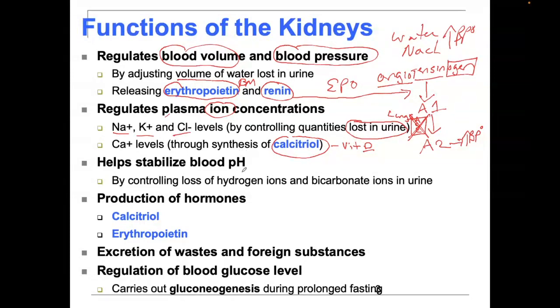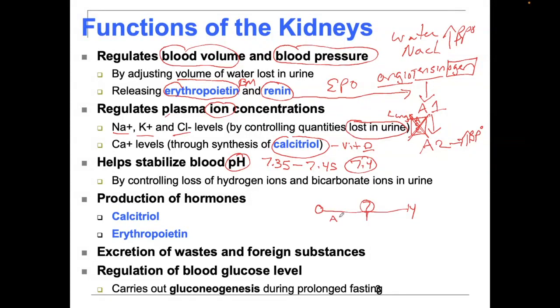The kidneys are also involved in helping to stabilize blood pH. We know that blood pH is somewhere between 7.35 and 7.45, so the average pH of blood is 7.4. The pH scale goes from 0 to 14, and right in the middle is 7.